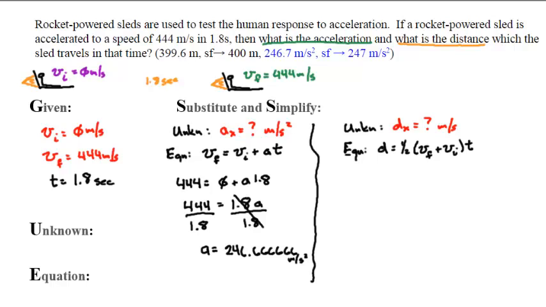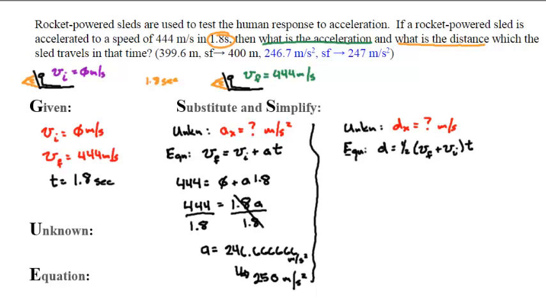If I take a look, I see that my time has two significant figures, so therefore my answer is going to have two significant figures, and I'm going to respond 250 meters per second squared.